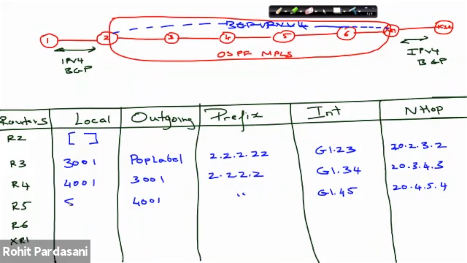And then R5 advertises to his neighbor. This is the same. Gig 1.50. In fact, this was 34. And 5 is 45. This is 56.